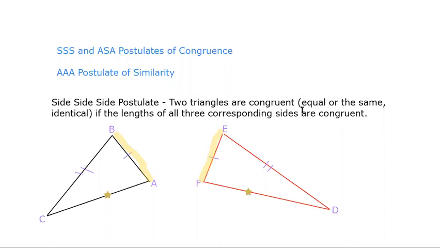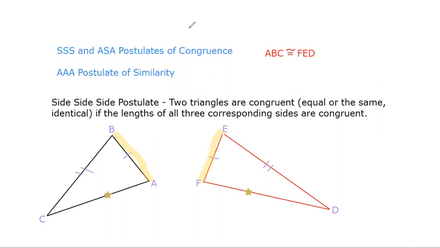So our congruency statement says triangle ABC is congruent to triangle FED. You want to name your triangles in the right order so that corresponding angles and sides are named in the same order.